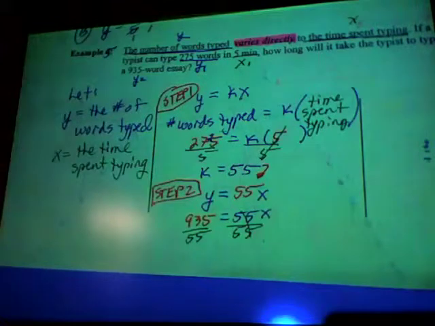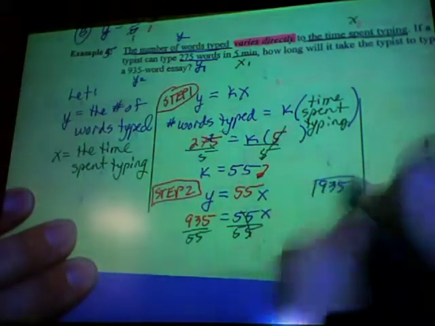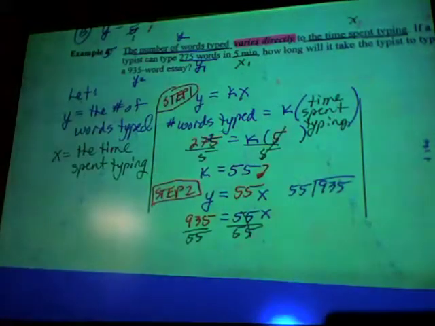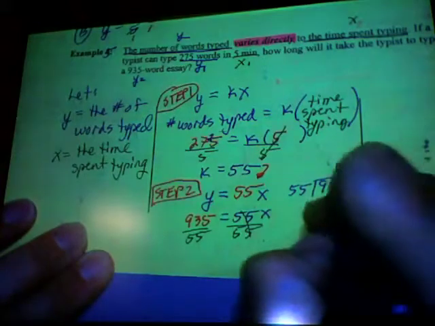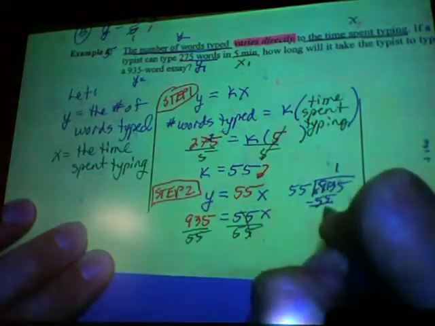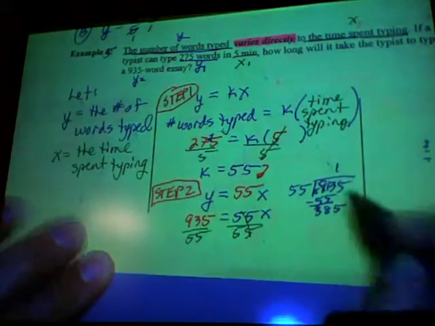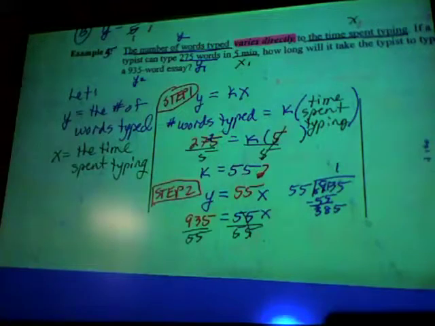Alright, so you might have to do some long division off to the side. 935 divided by 55. How many times does 55 go into 93? Once. So minus 55. How many times do you think 55 goes into 385? Yeah, because 55 is going to go into 100 almost twice, right?